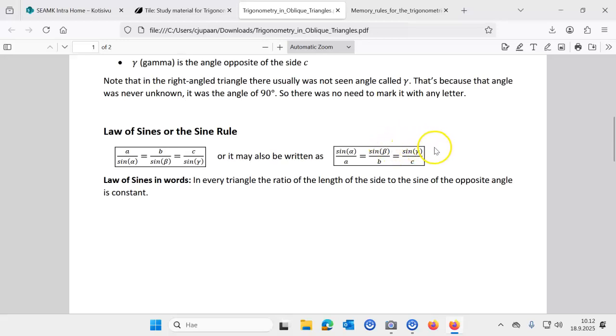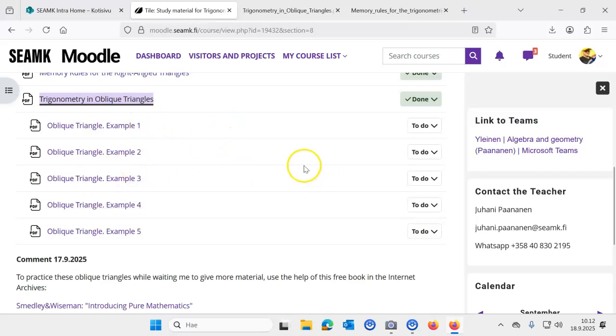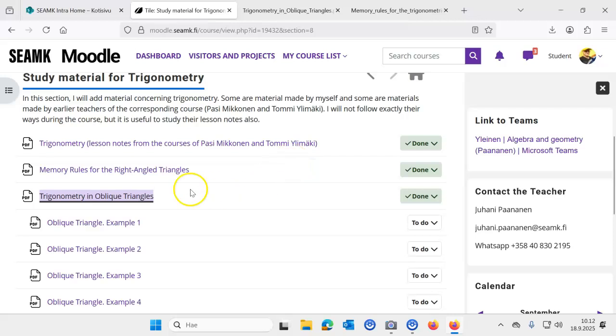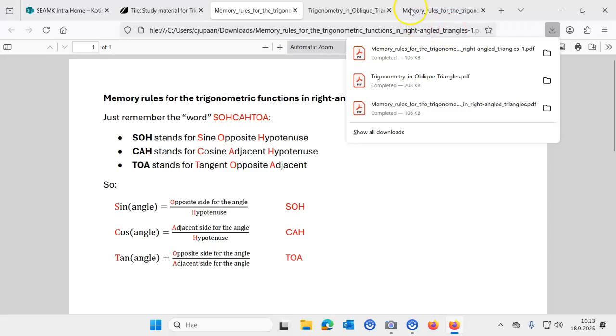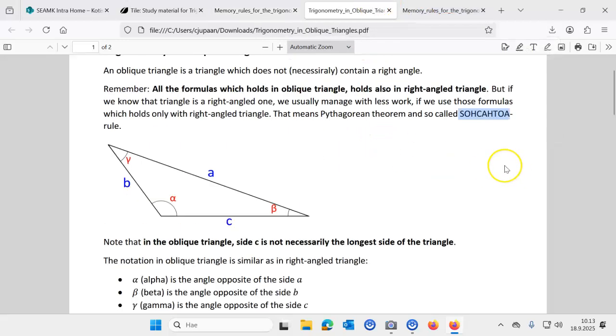I will take an example where we will use these. I have done some examples here, but I don't like going through ready examples in the Moodle. You may watch them, but I would like you to give me a problem to solve. So let's make a problem where we know 3 parts of an oblique triangle.